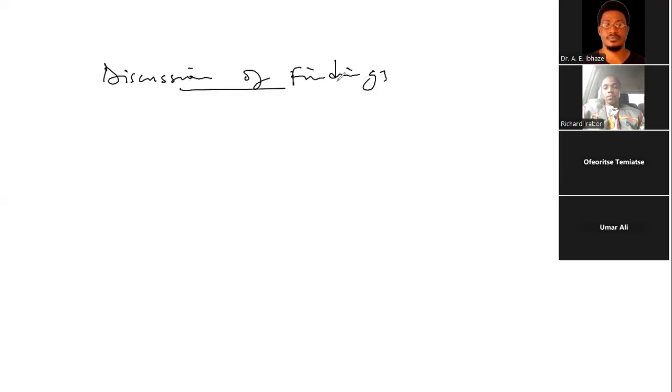So this is where you provide an in-depth interpretation of the results, okay? It's not good enough to say we have 0.25 mean value. What does it mean?